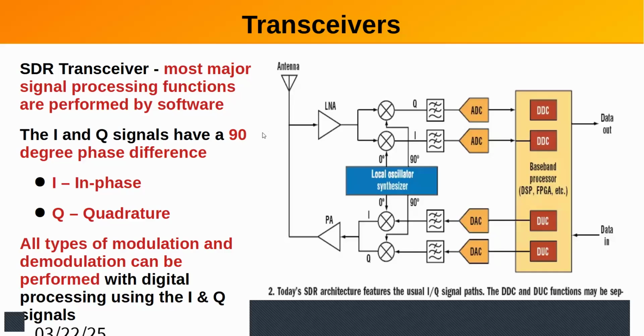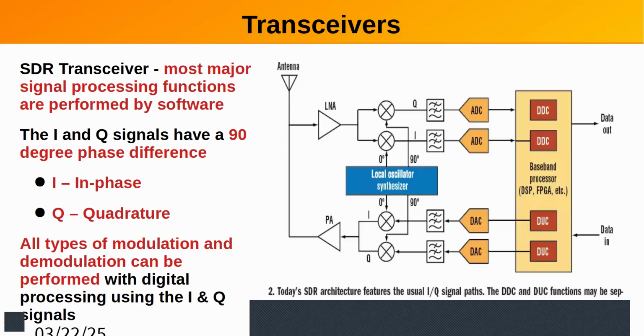He's got an old Heathkit transmitter, the separate one, that he's having an issue with. In the SDR world, you always use I and Q signals. I stands for in phase, Q stands for quadrature phase. In other words, 90 degrees out of phase.